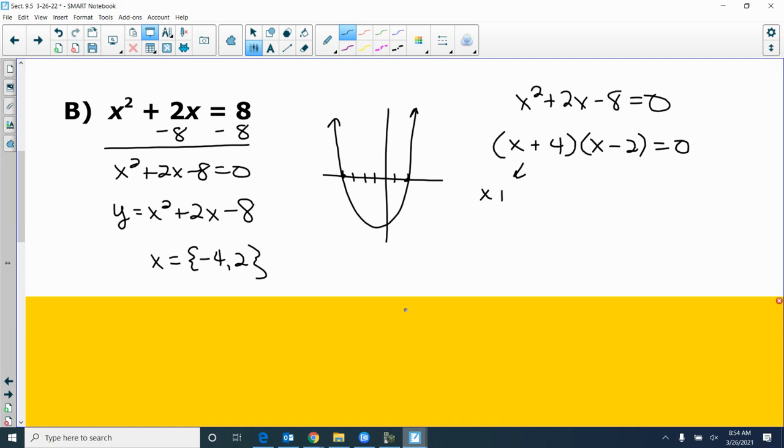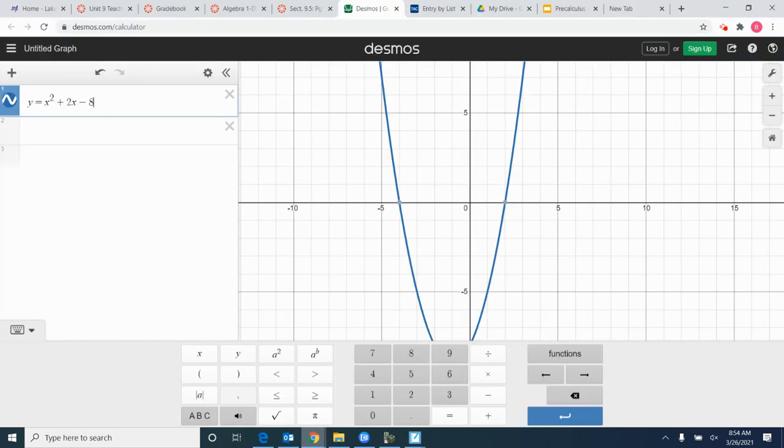And then we would say x plus 4 equals 0, and x minus 2 equals 0. Then you would subtract 4, and you get x equals negative 4, and we add 2, and you get x equals 2, right? You got the same answers, correct? So if I can use this Desmos to graph it, it's going to be a little bit easier. And you can. You just got to understand it.